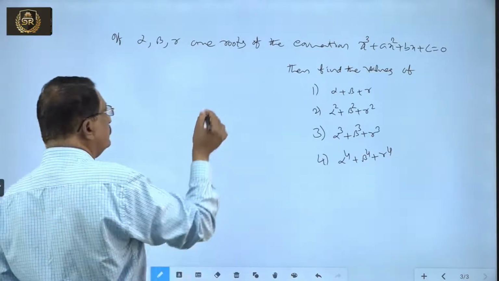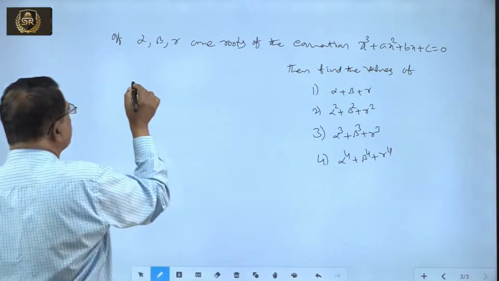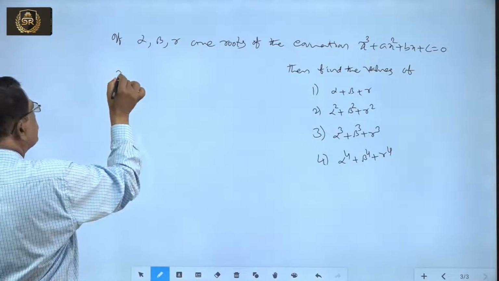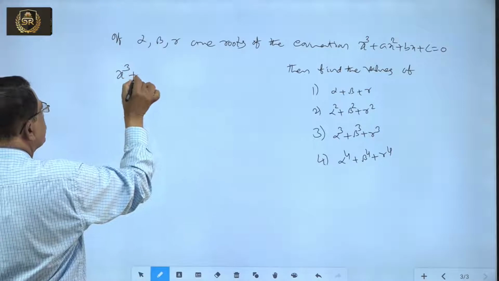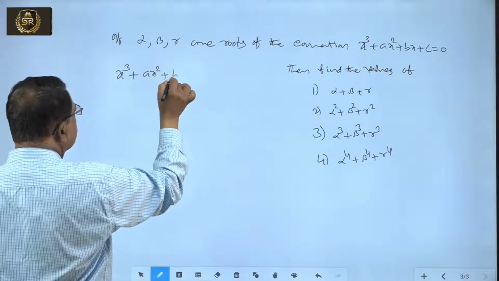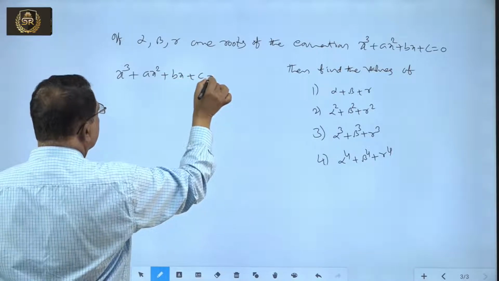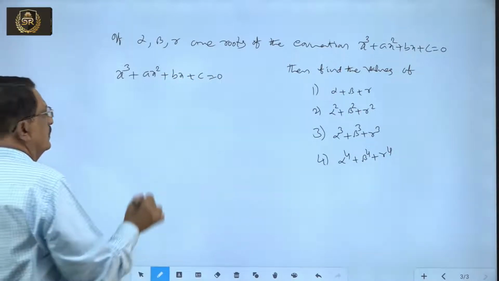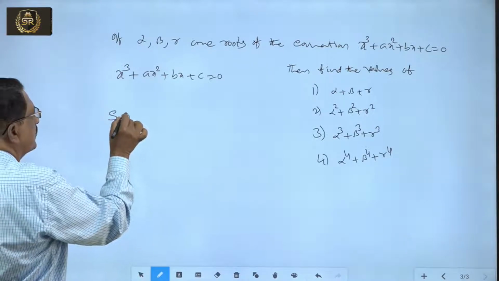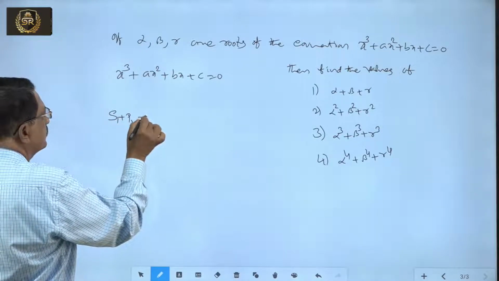Now, here the given equation is x cube plus a x square plus bx plus c equals 0. Now, first, what is the formula? S1 plus P1 equals 0.